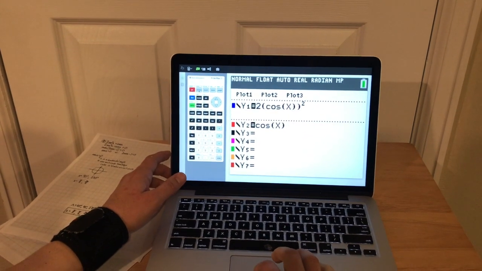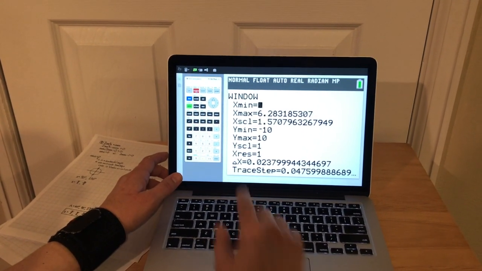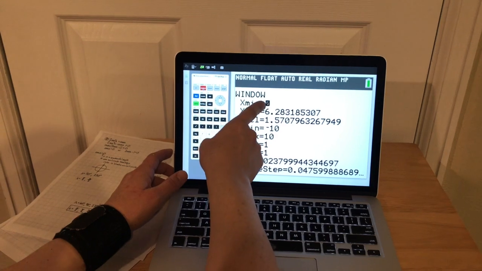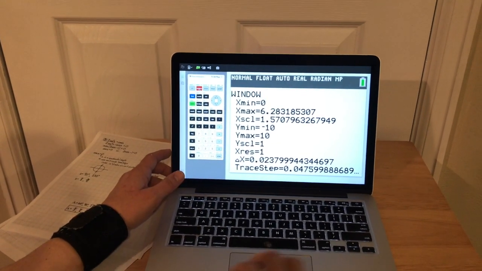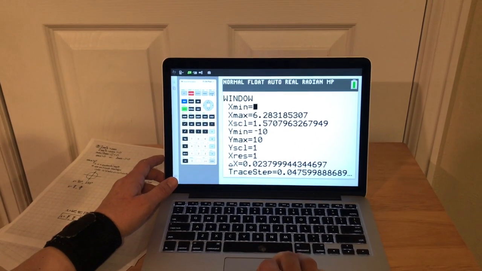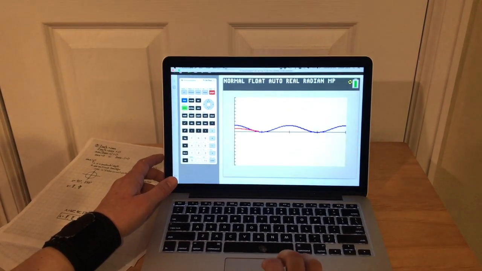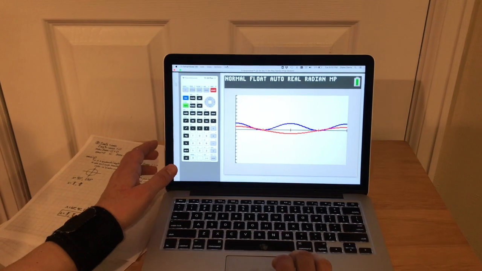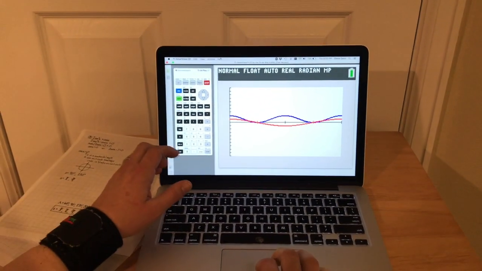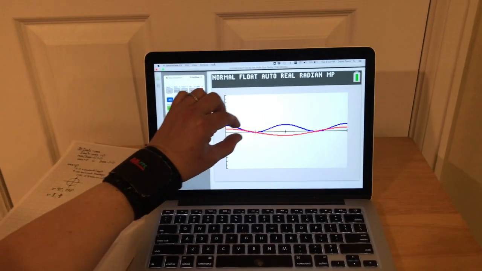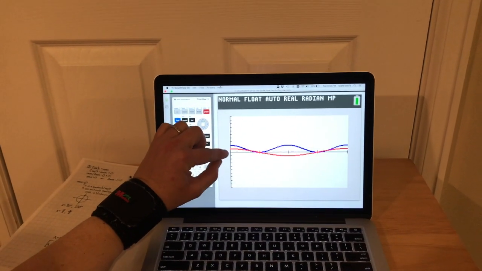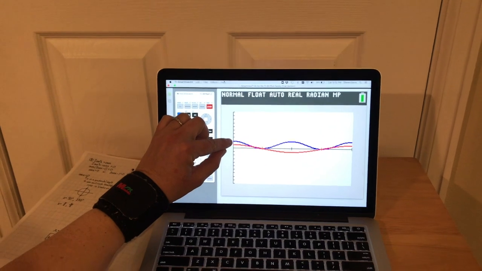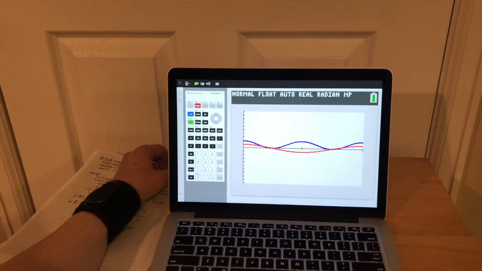Okay, and I want my window to go from, in our last example we already had 0 to 2 pi, so that's already good, and our x scale was pi over 2, and let's see what our graph looks like. Now this one's a little bit harder to see, and part of that reason is this graph is really kind of squished in here, and it looks like our graph doesn't go any higher than 2, so I'm going to change my window.